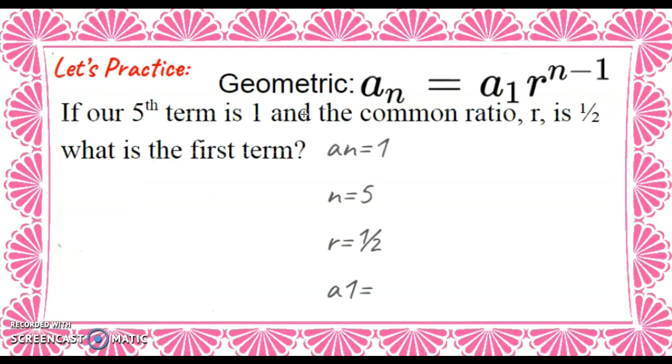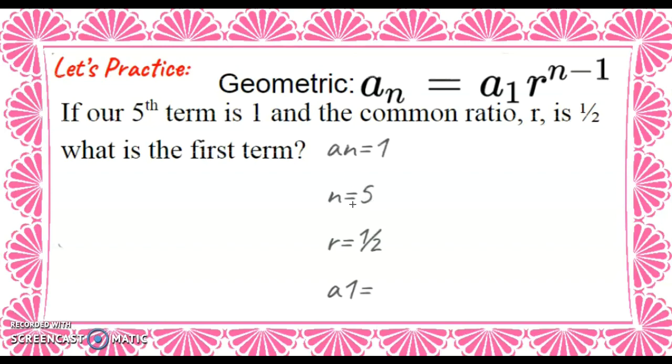Now let's practice an explicit geometric sequence example. If our 5th term is 1 and our common ratio R is 1/2, what is the first term? So our A of n is 1. We're on the 5th term, so n is 5.